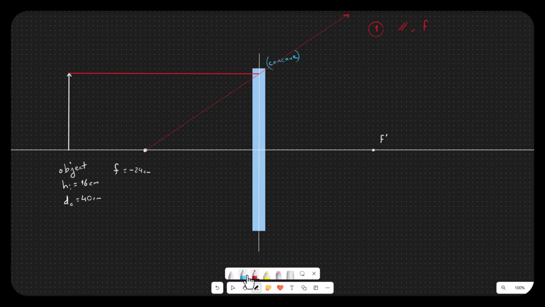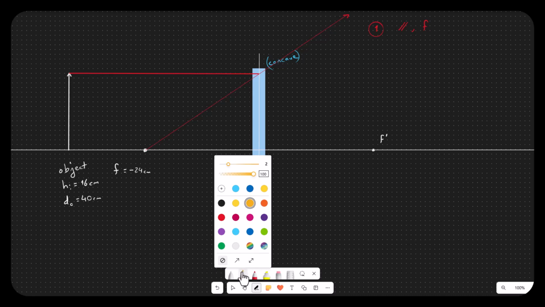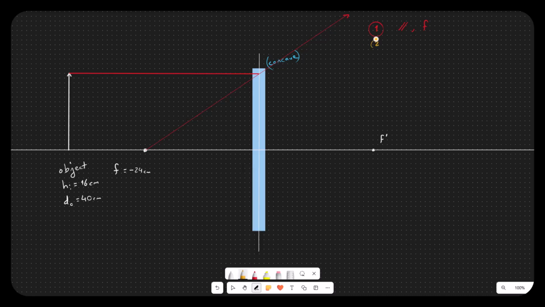Ray 2 goes through F prime, then goes parallel. So it's going to go through F prime, which would be here, but it only makes it as far as that. And then from there, it's going to go parallel.